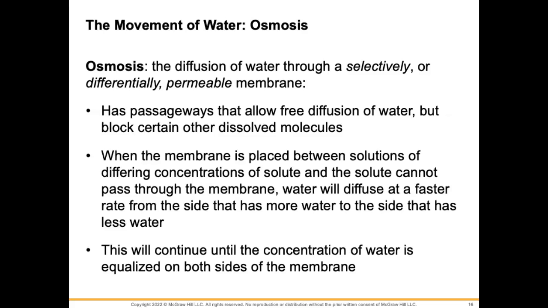Specifically, water is going to flow through this particular membrane we're talking about. And remember, diffusion is the movement of solids from high to low. Osmosis is the movement of water from high concentration of water to low concentration of water.